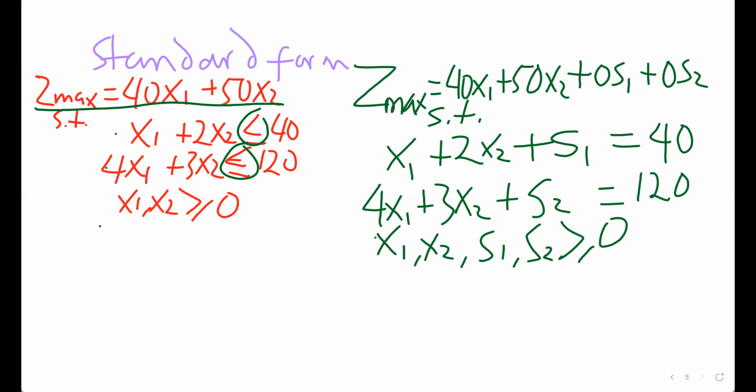Then I write, and how I did that is I held the shift key and pressed enter and wrote subject to, st. Then you write x1 plus 2x2 plus s1, that's the letter s1, then equal to 40. And then the others can follow. I've just typed that in the chat.